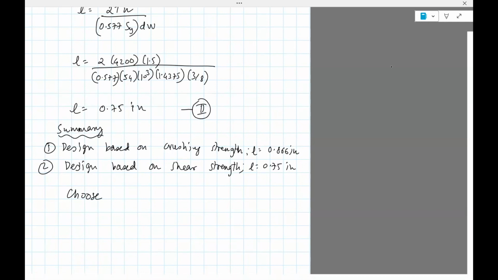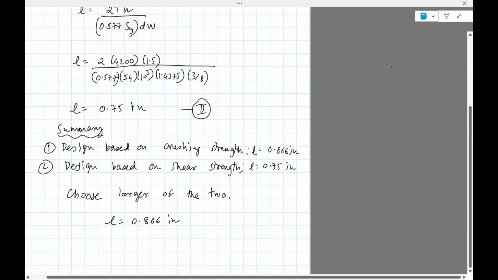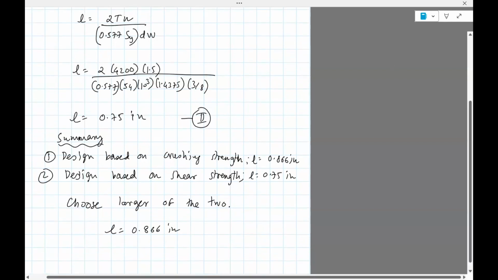Given two values, you always choose the larger value, because the larger the value, the better it can carry the stress. Same for the diameters. If you have two diameters, you always choose the larger of the two. So L equals 0.866 inch is the answer. In fact, if you choose the smaller one, 0.75, and you do the calculation for the crushing strength factor of safety, you'll see you get less than 1.5, which violates what we set out for. So this is the answer.